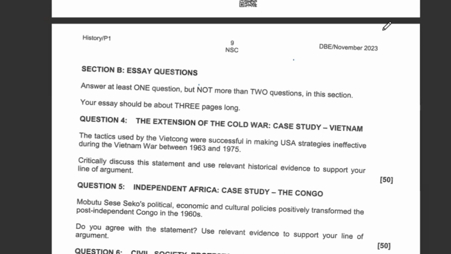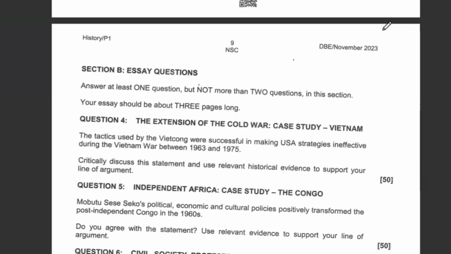Then the L, which is the last letter of the PEEL: at the end of your paragraph, in the ongoing presentation in your essay, ensure that there is a linking statement. With a linking statement, we are referring back to our line of argument. You are trying to link whatever you have explained in that paragraph back to the line of argument that you have adopted in the introduction.